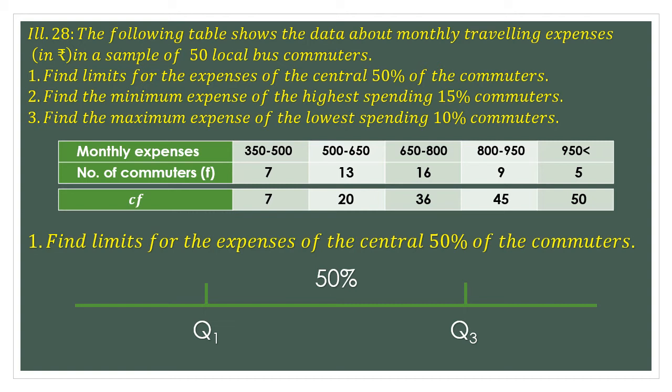Obviously, Q1 to Q2 is 25% of the data and Q2 to Q3 is also 25%. So the distance from Q1 to Q3 is 50%. What we are actually supposed to calculate here is the first quartile and the third quartile, and those will be the limits of the central 50% of the commuters. So let's start with Q1 and Q3.